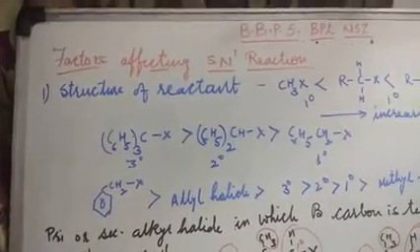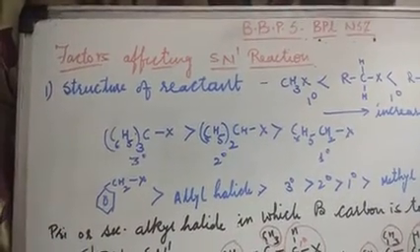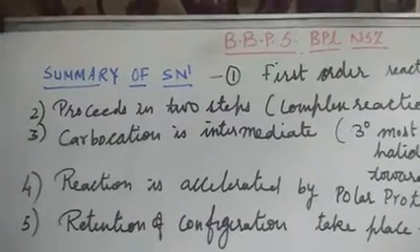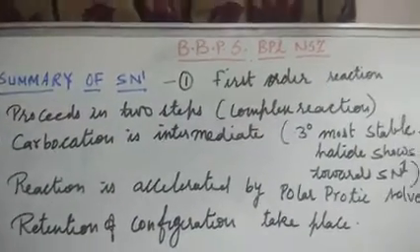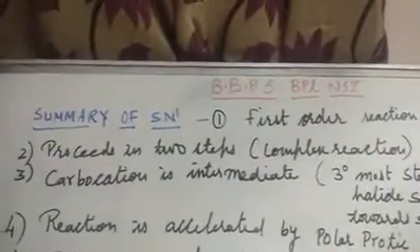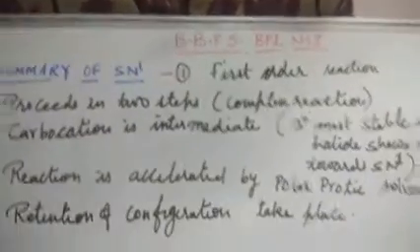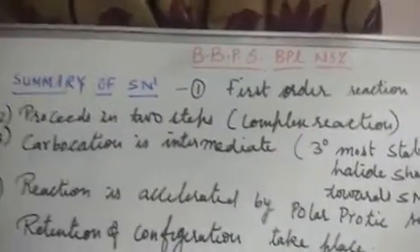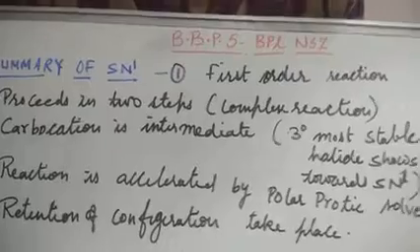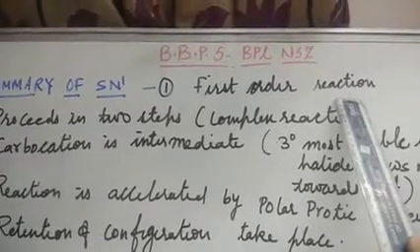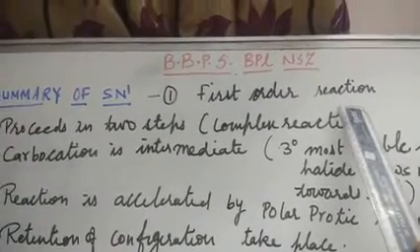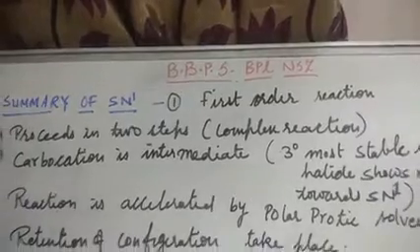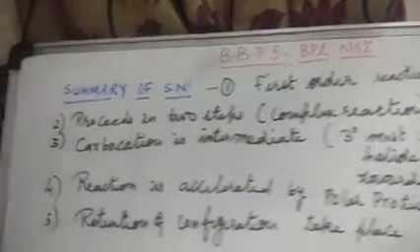Now I am taking the summary of SN1. I am telling you lastly the points. We are taking the summation of all the points which we have done in SN1. It is a first order reaction. Product formation depends on the concentration of alkyl halide only, as we did.